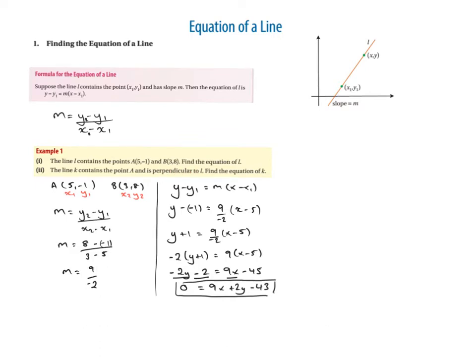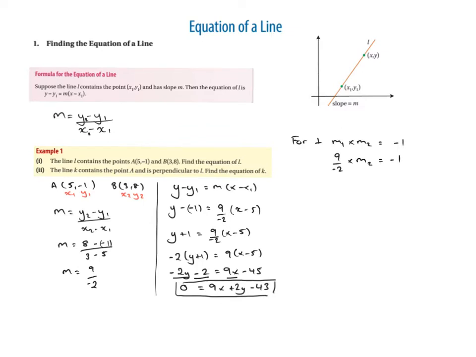So for perpendicular, we did this in a previous video. For perpendicular, m1 multiplied by m2 must be equal to negative 1. Well, we have m1, which is 9 over minus 2. That comes from over here, because that was the gradient of L. And we're trying to find the gradient now of K. So times by m2, something we don't know, is equal to minus 1.